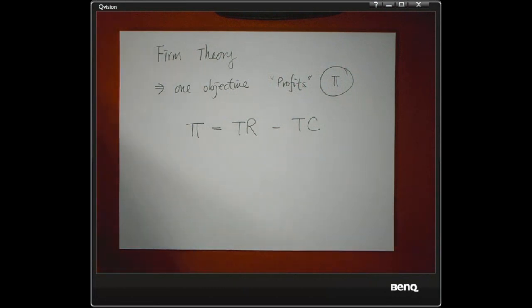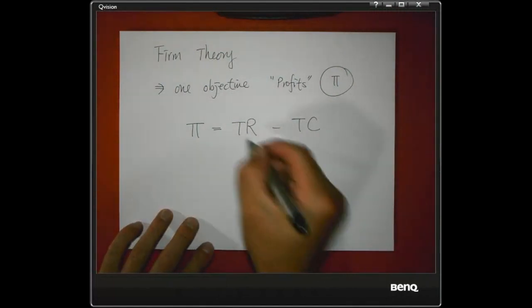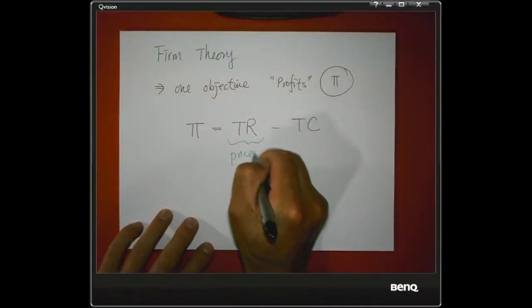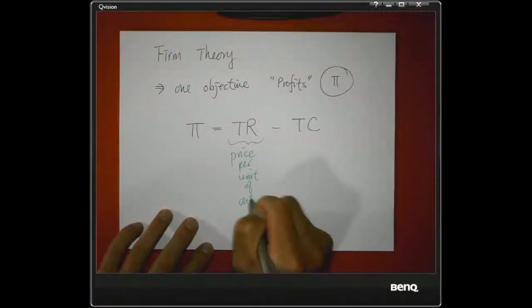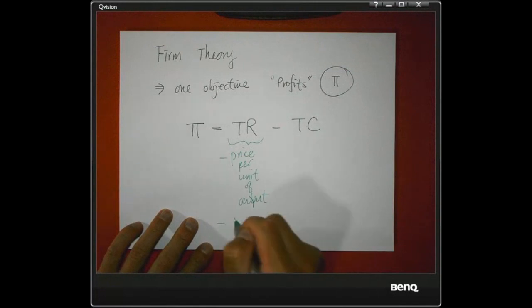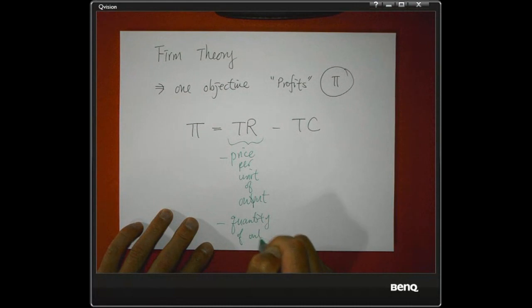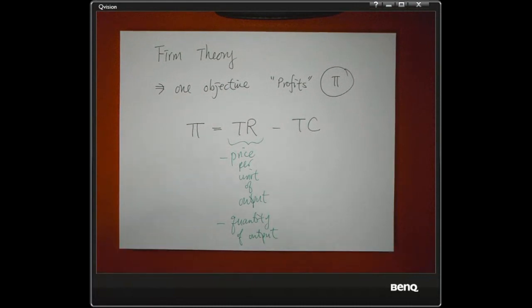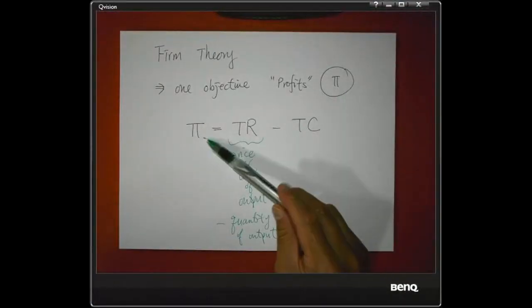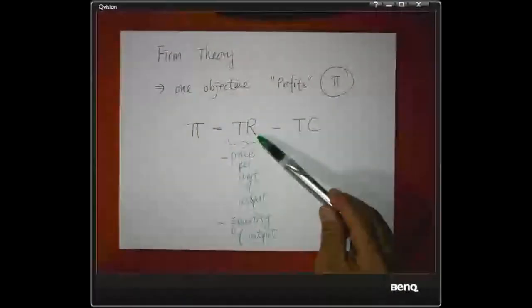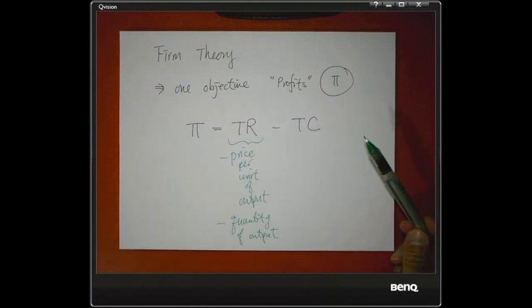And now, revenue depends on the price per unit of output and the quantity of output. So profit, with pi as the symbol, is total revenue minus total cost.